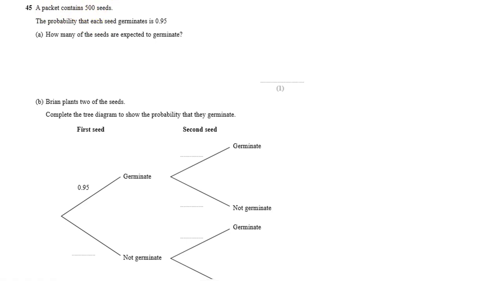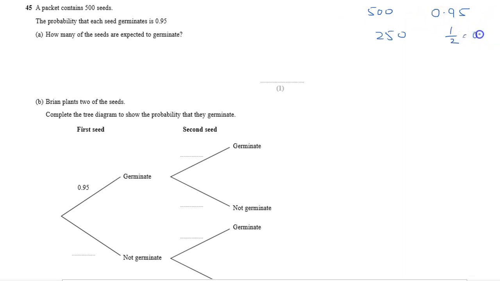A packet contains 500 seeds. Total 500. The probability that each seed germinates is 0.95. It's not in percent, it's probability. Suppose the probability is half. Then we know that 250 seeds germinated.